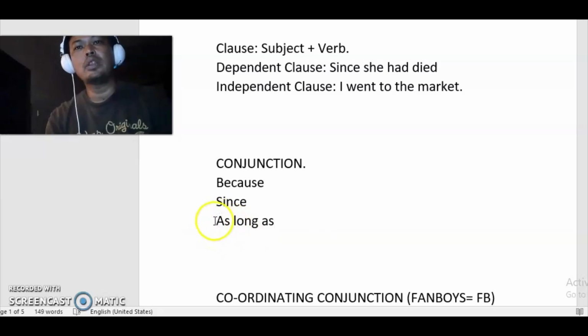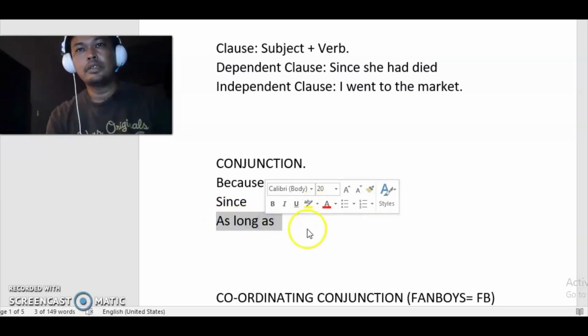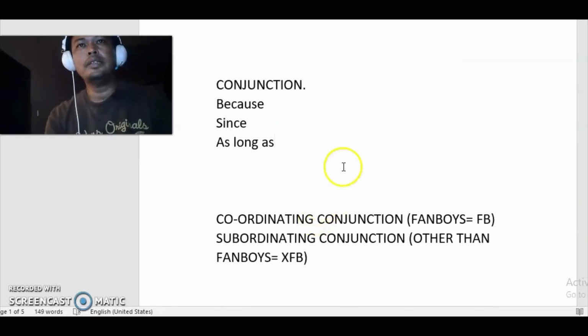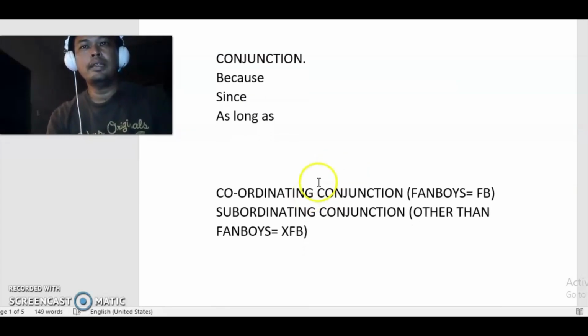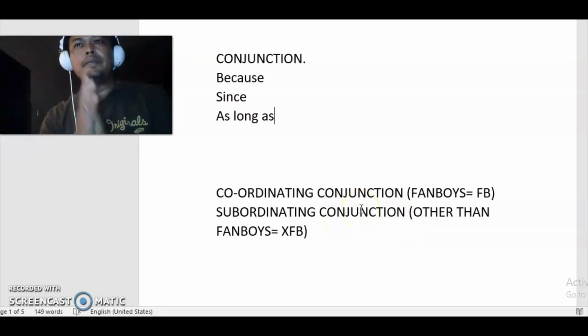It can be as long as, for example. Now, there are two types of conjunction. Number one is called coordinating conjunction. Another one is called subordinating conjunction. Okay, this is very important.